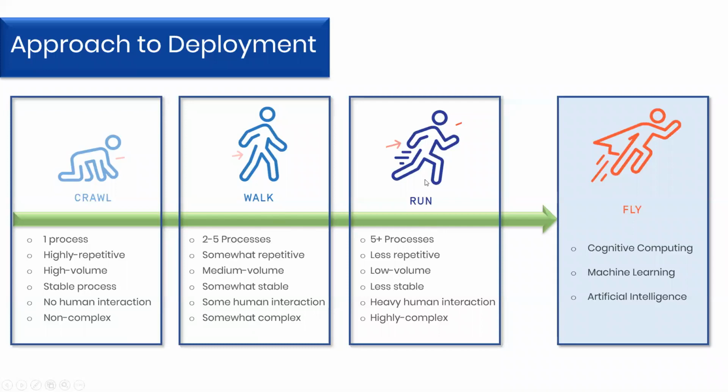At that point, we usually apply another piece of software called Orchestrator that helps manage all of the robots from one central location. It gets very sophisticated at that point. And then the fly scenario is obviously going into the intelligent type of automation that I mentioned early on, the cognitive computing, artificial intelligence. So crawl, walk, run.